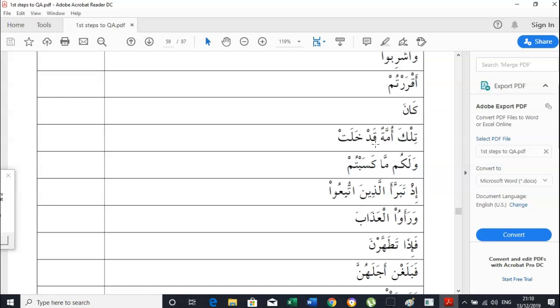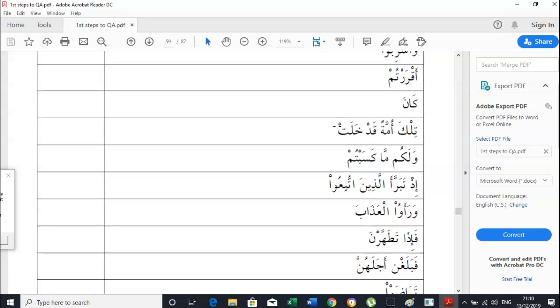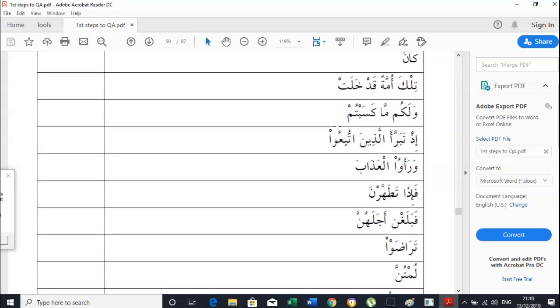Fi'als more likely, but most of the time if you see a word in Arabic which is only 2 letters, most likely it's going to be a harf. But you can have fi'als with 2 letters as well, but give it the benefit of the doubt and just go with harf. And khalat is a fi'al. What's the pronoun inside of that? Yeah, she or it. It's referring back to the ummah, but the pronoun is she.